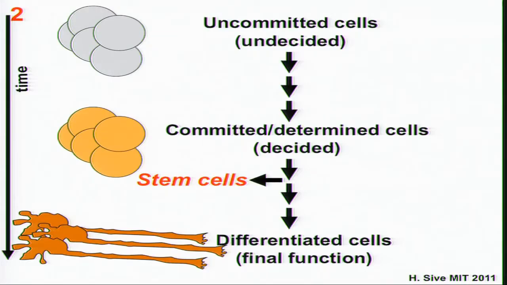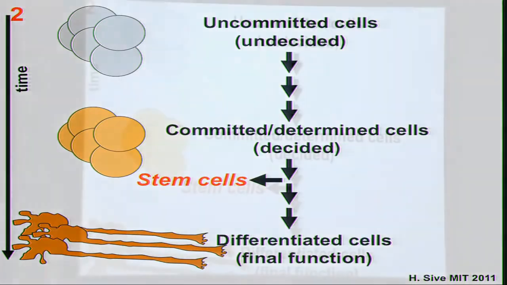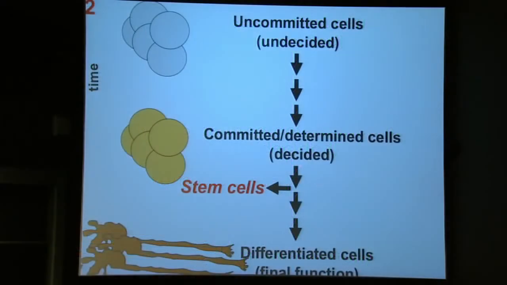We previously talked about this process by which cells are undecided initially, they decide what they're going to become, and then they differentiate into their final function. Stem cells fit into this litany somewhere between the commitment stage and the differentiation stage. And in this diagram, these multiple arrows are there for a reason.